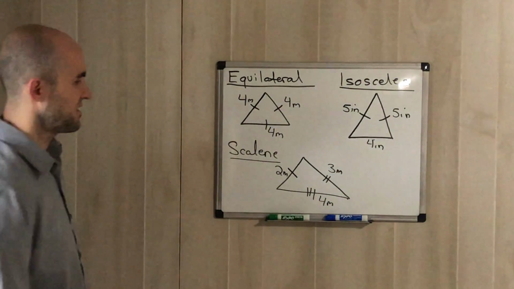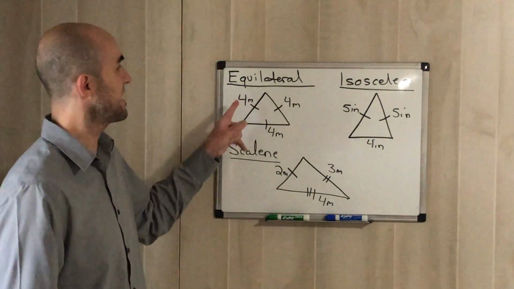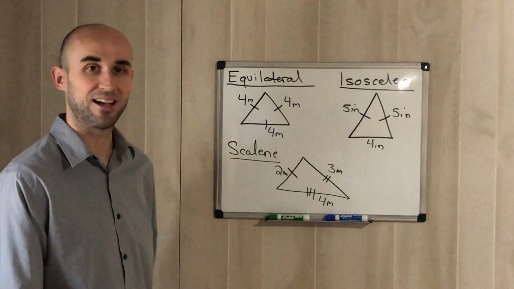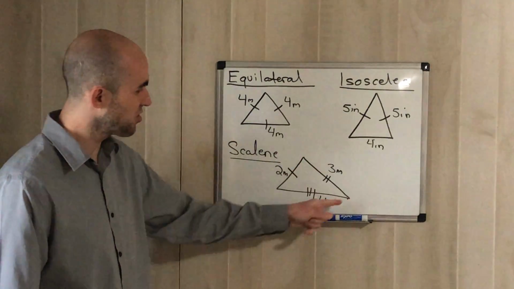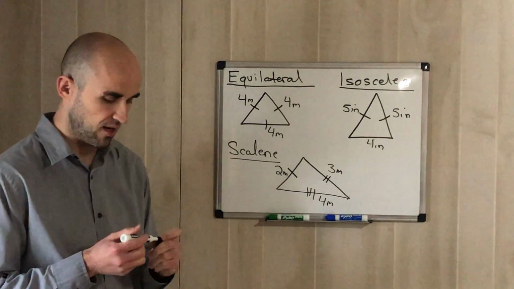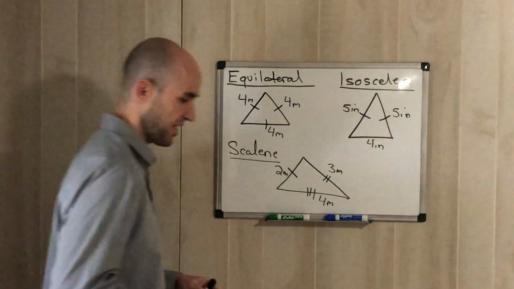That's what a scalene is. So if all the sides are congruent, it's equilateral. If 2 sides are congruent, we know it's isosceles. And if all the sides are different, if no sides are congruent, it's automatically scalene. So those are the 3 names of triangles that we have based on the side measures, right?